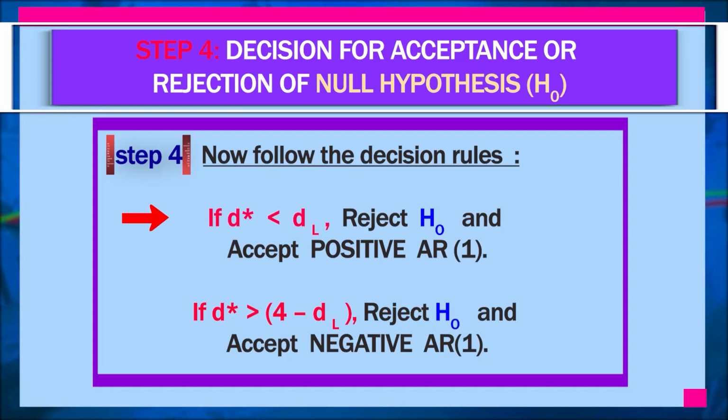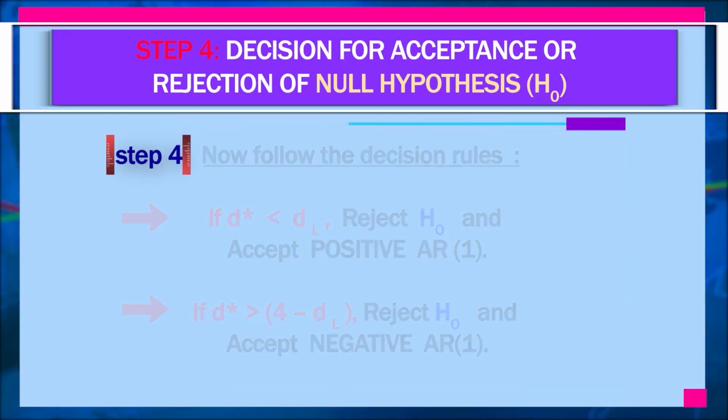AR stands for autocorrelation of order 1, because only for order 1 can this test be conducted. Similarly, if D star is greater than 4 minus dL, as shown in the diagram, then we accept the presence of negative autocorrelation.